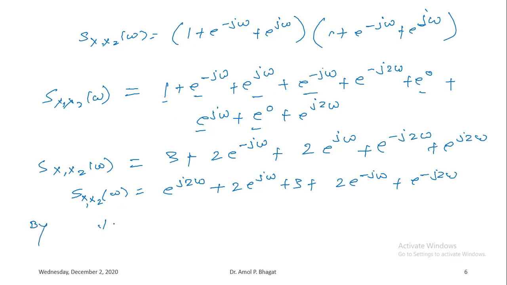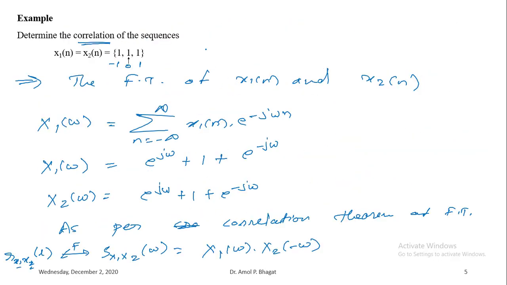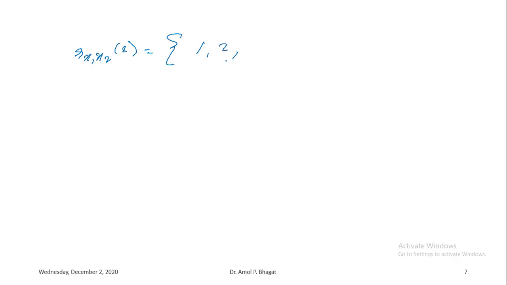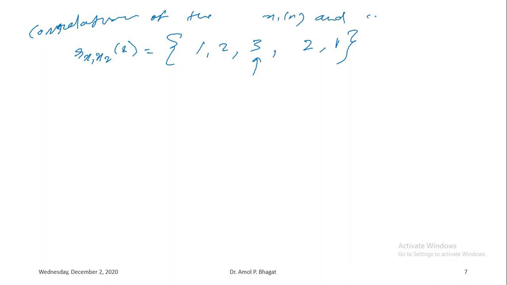By taking its inverse Fourier transform, we get r x1 x2 of L, which is simply the coefficients of this equation: 1, 2, 3, where 3 is the origin, then 2, 1. This is the required correlation of x1 of n and x2 of n.